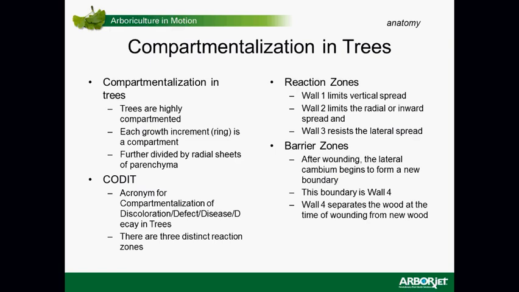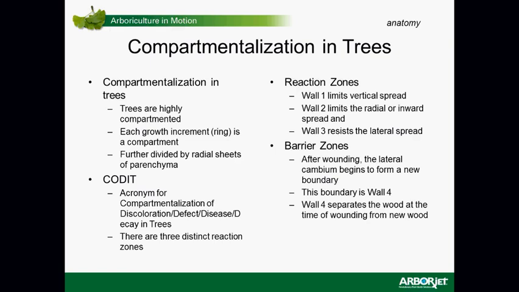So you think about it, the vertical limit, and I was talking a little bit about Dutch elm disease, not being limited by tyloses, but not so hot. Well, trees have to move water and solutes vertically, so to impede that is not in the tree's best interest. But in order to resist girdling, that reaction zone, being wall 3, is very strong.